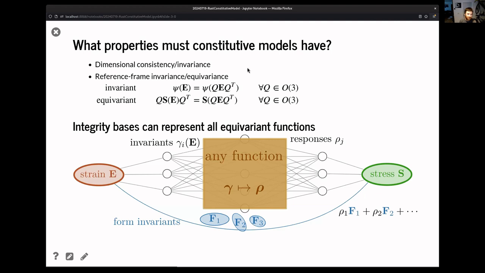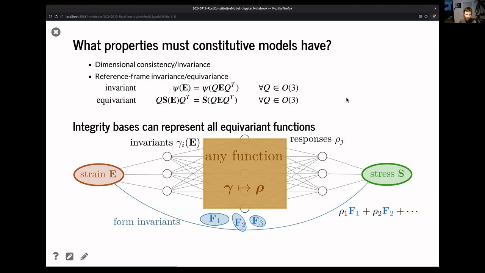And additionally, you should have reference frame invariance or equivariance. Basically, this means you could have multiple observers, and we each have our own coordinate system, and we observe the same process. We should be able to agree about what's happening within that process.